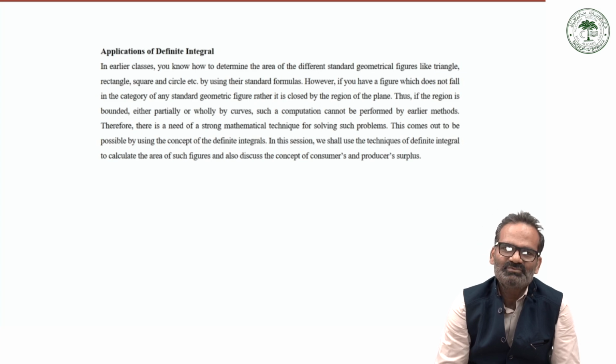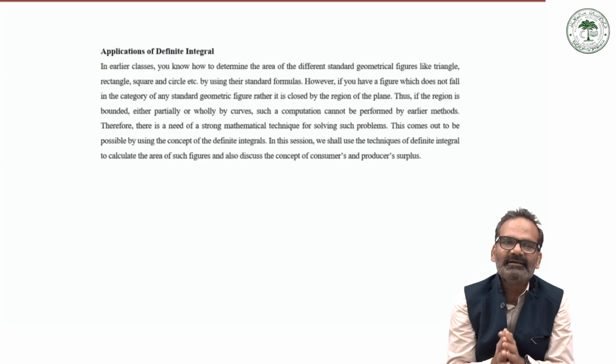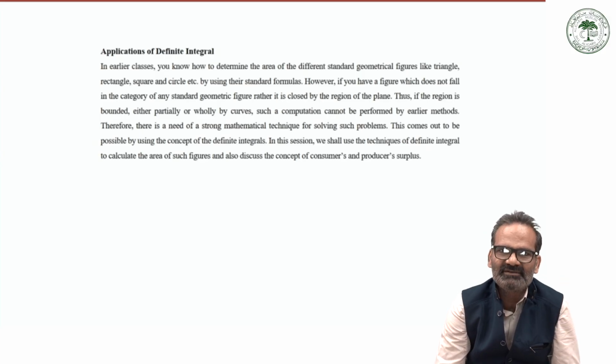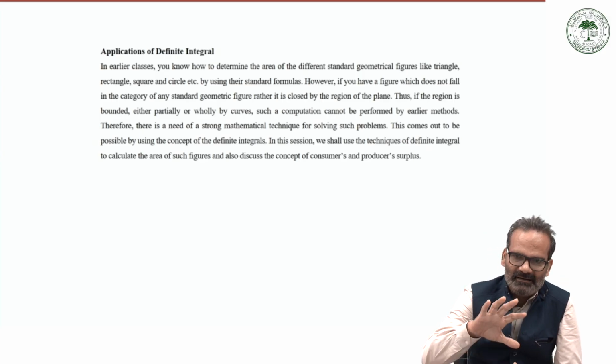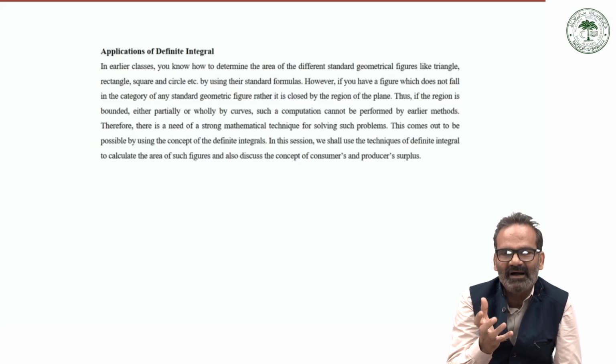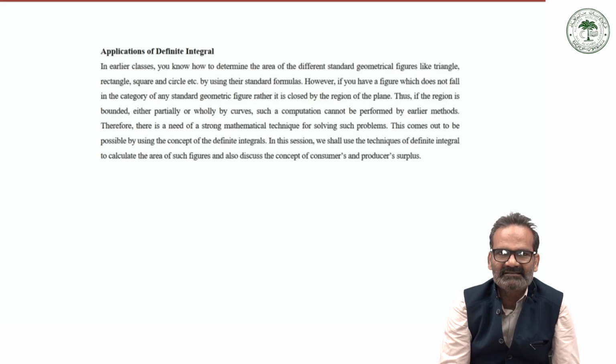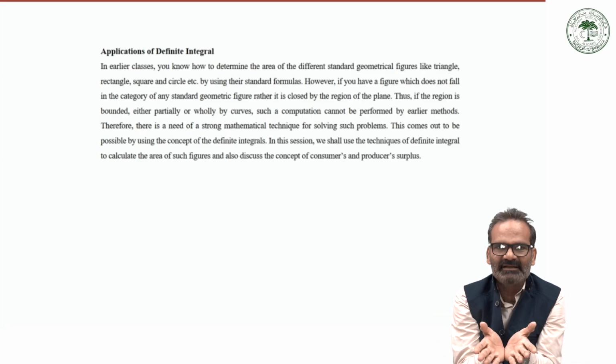In such situations, we cannot calculate the area of such geometric figures which are enclosed by any curve. Enclosed by any curve means if any one of its sides is closed by a curve.